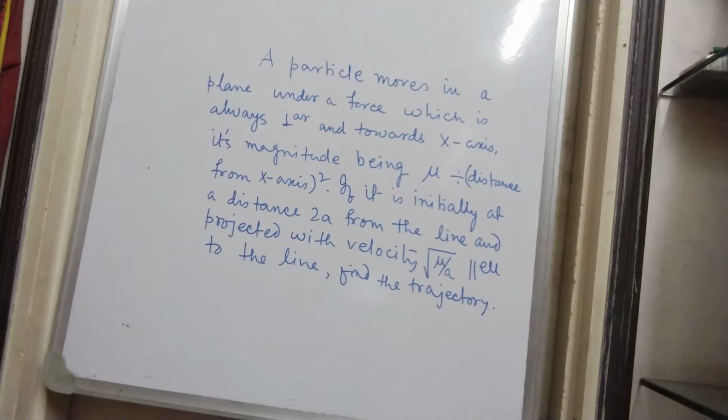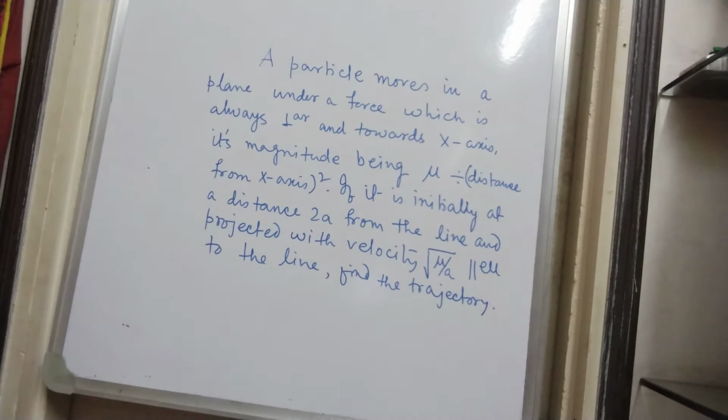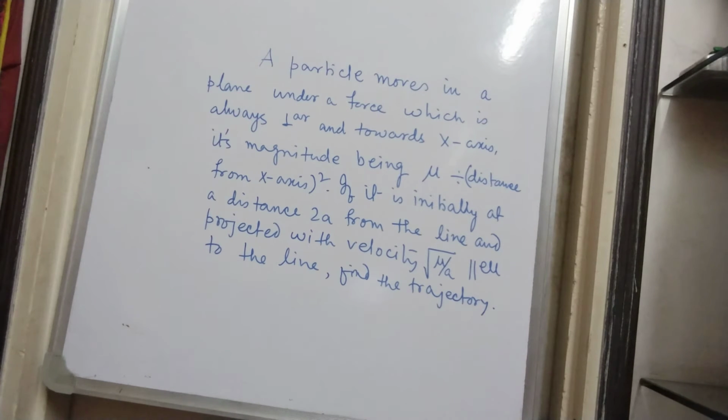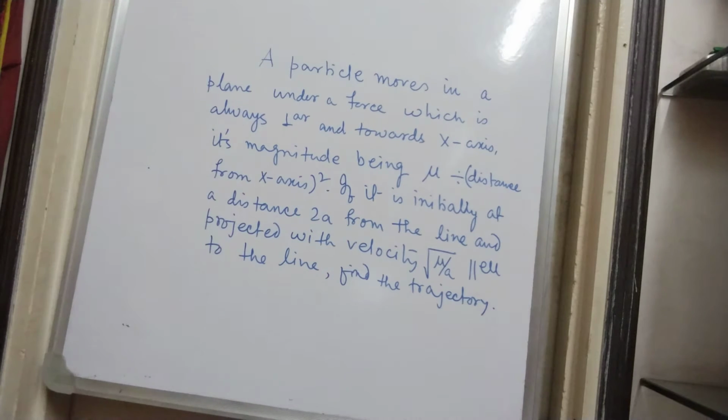Just note that the motion is in two dimensions and we have x-axis, y-axis to designate that frame, and force is always perpendicular and towards x-axis, and this is stating the initial condition of the particle.